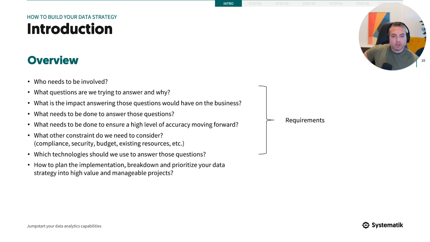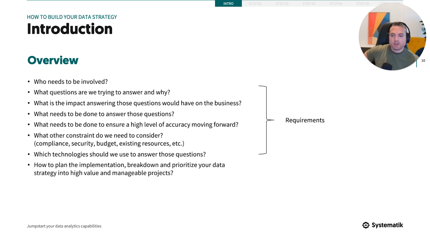All right, so just before we move up to the next section and really go into each step, I just want to give you an overview of what we're going to cover. We'll cover who needs to be involved in building a data strategy. What are the questions we are trying to answer and why? What is the impact answering those questions will have on the business? What needs to be done to answer those questions? The technology we'll have to use.